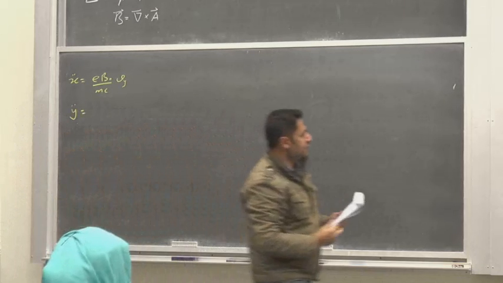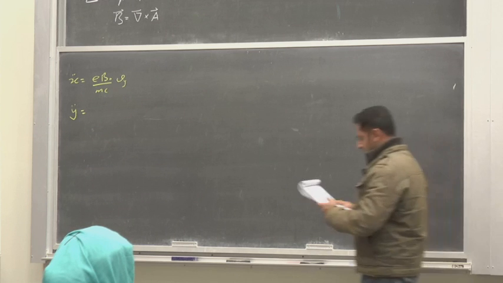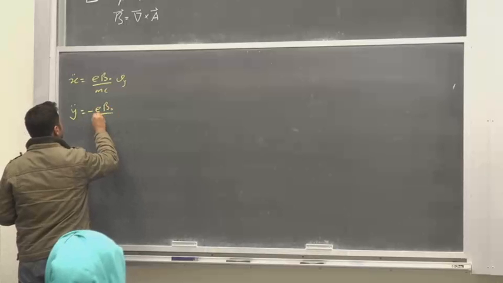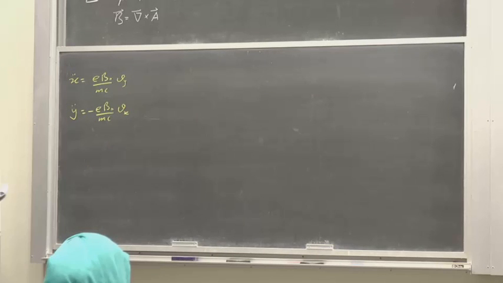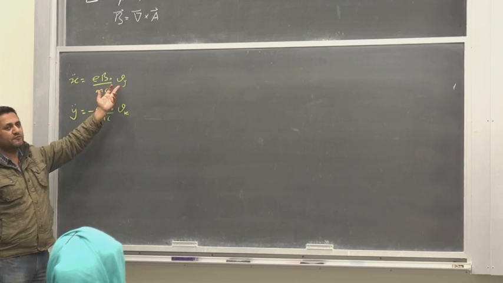If you do it for y dot, everything is very symmetric. The same thing is going to happen, except for the difference of one minus sign that you pick up over here, vx. So these are basically coupled first order equations for Vx and Vy.